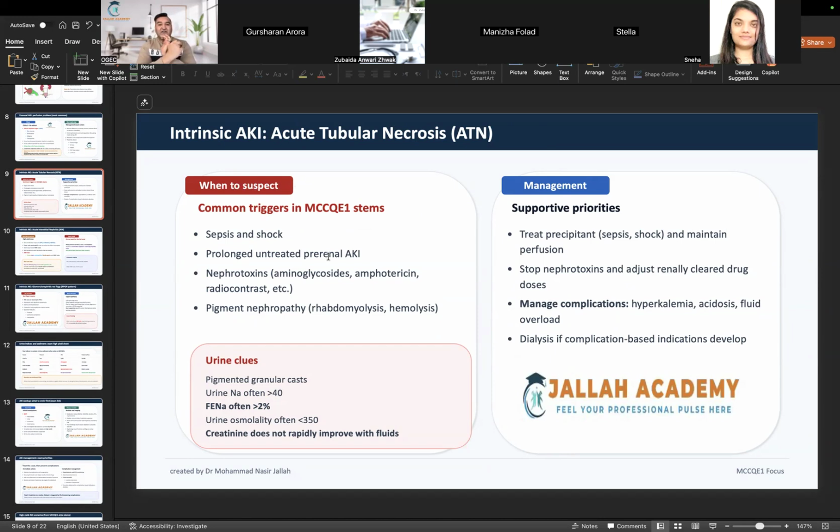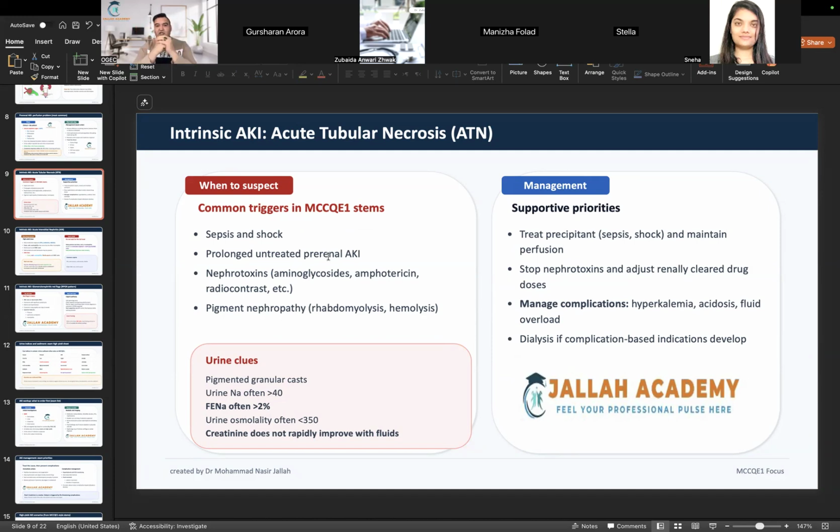And the FeNa will be less than 1. So if I see that, it's pre-renal. How do I know about the post-renal? The patient will be old, the patient will have surgery, the patient will have suprapubic pain and a palpable bladder, and also the patient will have anuria, no urination. So in that case, it will be positive.